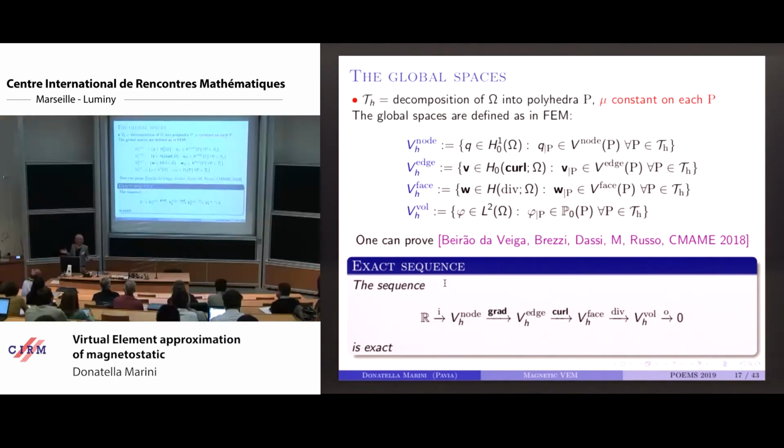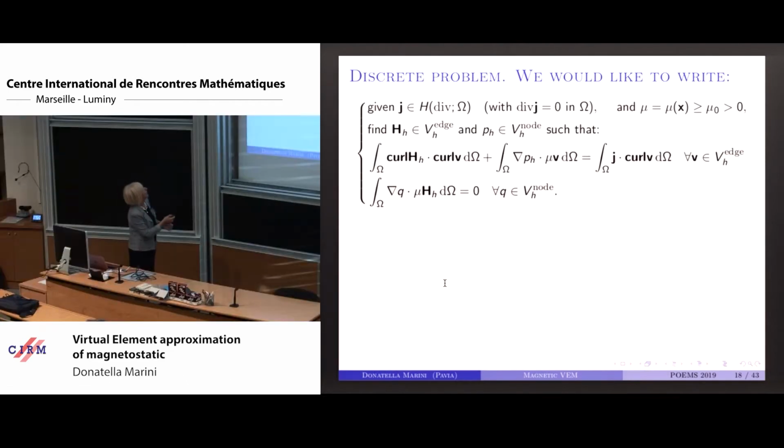So we are done, apparently. The sequence is exact, so we can write the discrete problem, and we have existence and uniqueness. This is precisely what we would like to write, okay? Exactly like the continuous variational formulation that we chose.